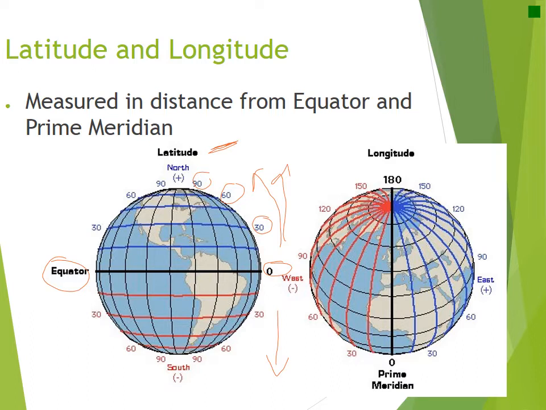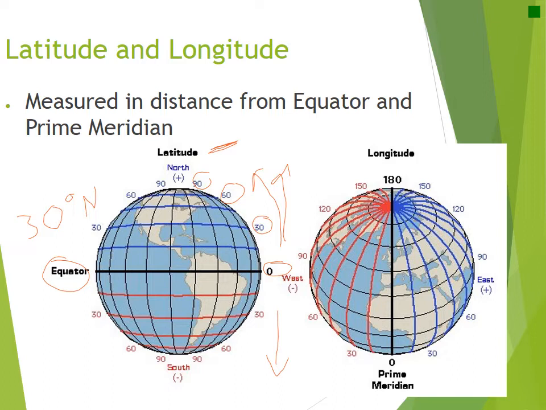Okay, and so as you're looking at this, if I look at 30 degrees in the blue area, that would be listed as 30 degrees north. Okay, because it's on the north side, and it's 30 degrees away from the equator.